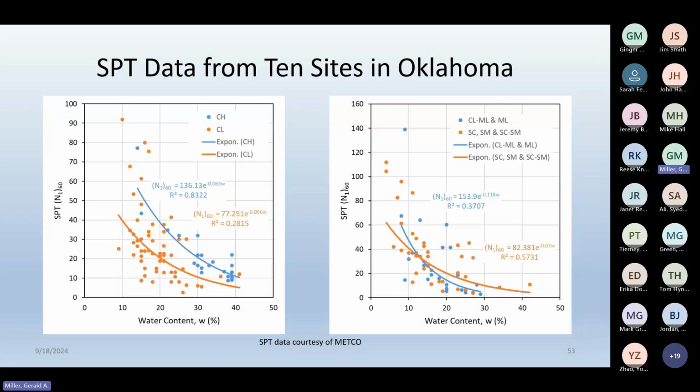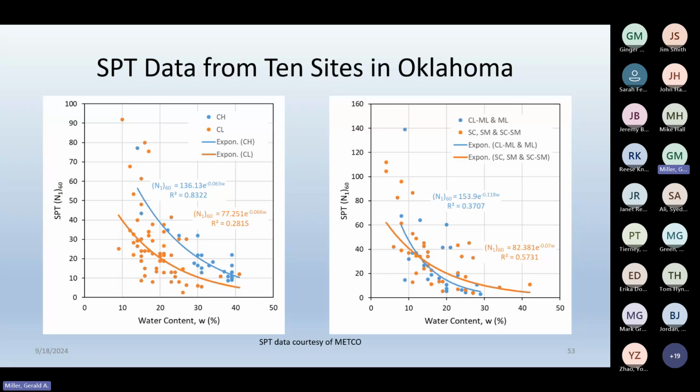And while there is significant scatter in the data set, and I expected this because in natural soil profiles, you often see significant scatter because there's a lot of other variables besides water content that are going to affect SPTN value. I also converted this to N160 because a lot of available correlations are based on N60 or N160.